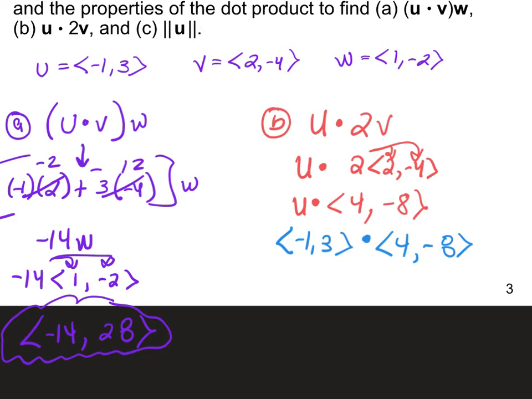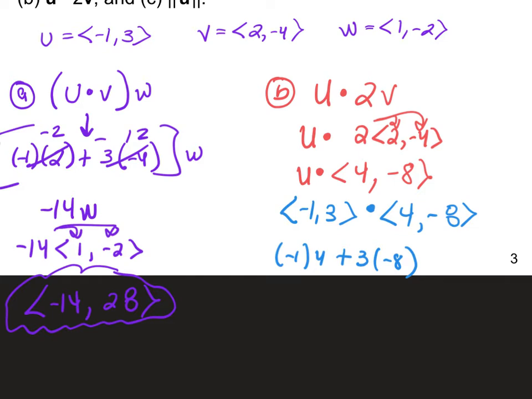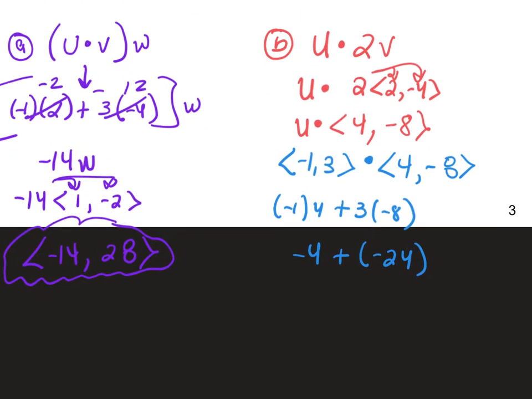So first stays with -1 times 4 plus second stays with, so then 3 times -8. What's -1 times 4? -4 plus, what's 3 times -8? -24. When I add -4 and -24, what do I get? That is it. Questions?